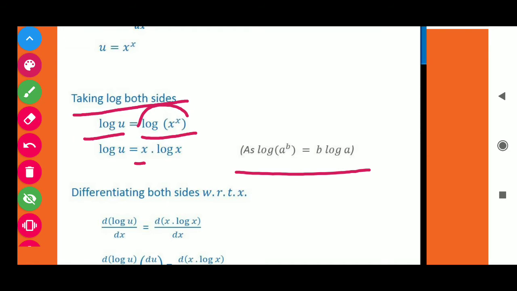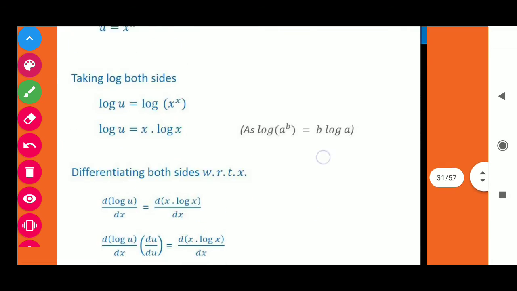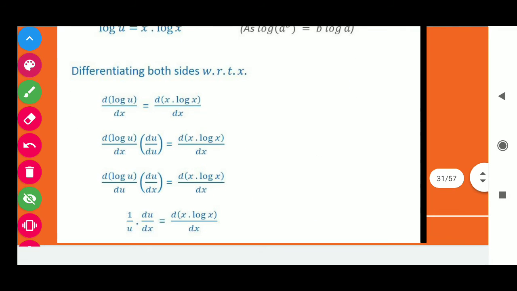So differentiate with respect to x both sides. Derivative of log u is equal to derivative of x into log x, and here we apply the product rule. x into log x: derivative of x as it is, derivative of log x is 1 over x, plus log x as it is, derivative of x is 1.